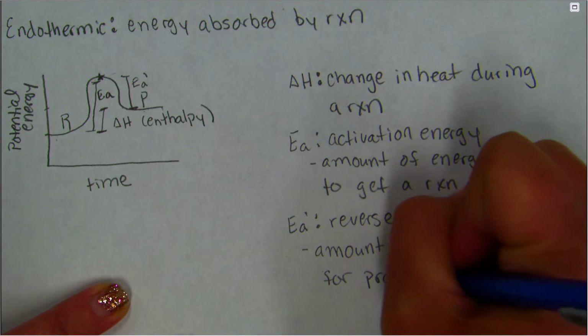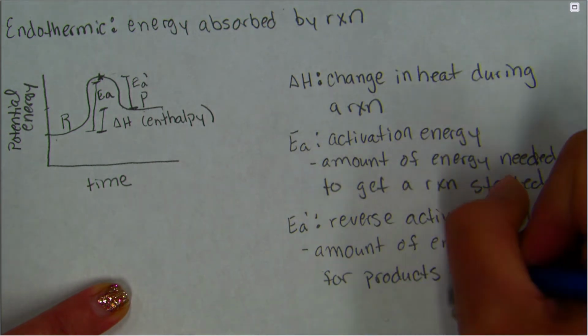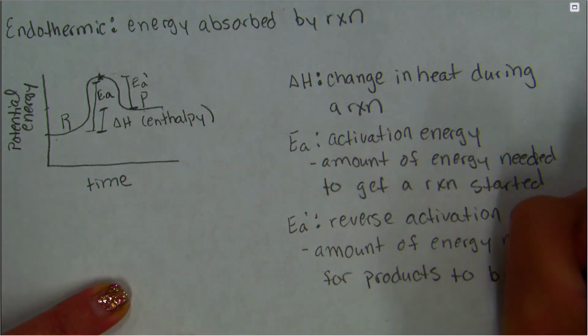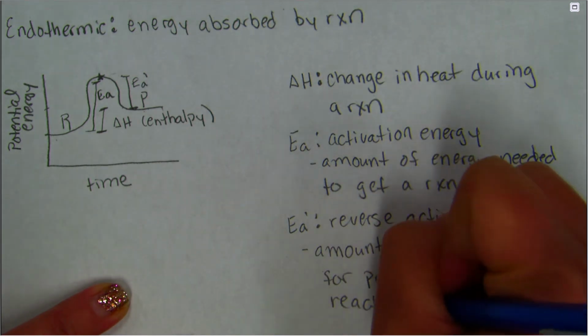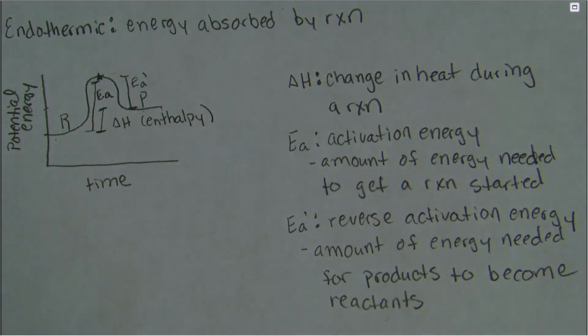I might have said that backwards. For products to become reactants is what I meant to say. So that is the amount of energy needed for products to go back to reactants if we were talking about an equilibrium type of problem. So that is an endothermic reaction.